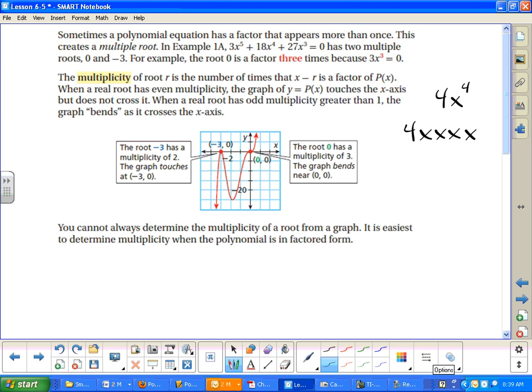The multiplicity of root r is the number of times that x minus r is a factor of the polynomial. When a real root has even multiplicity, this is an important part, then it touches the x-axis, but does not cross it.